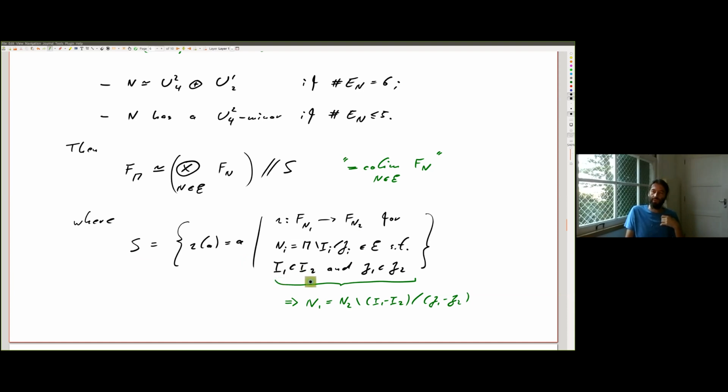So I1 is in I2 and J1 is in J2, which allows us to write N1 as a minor of N2, which induces this morphism here.